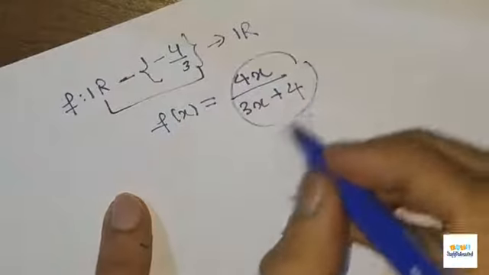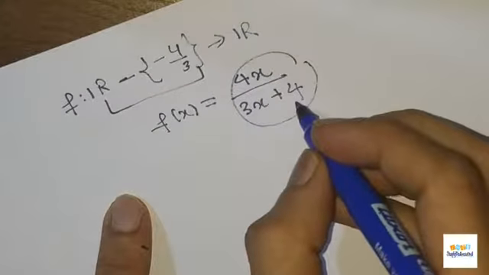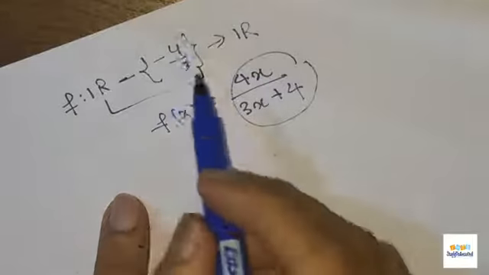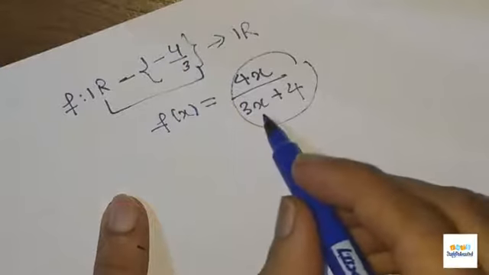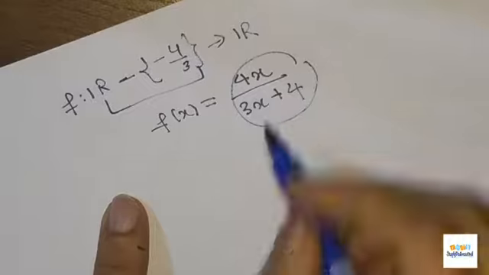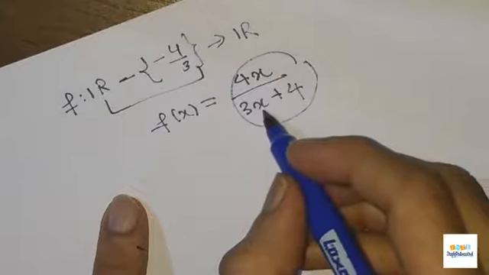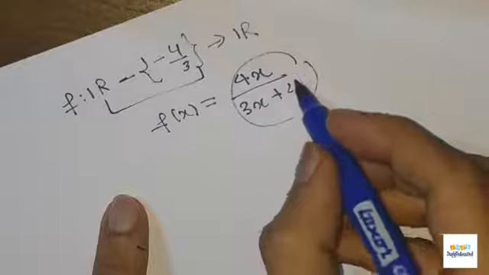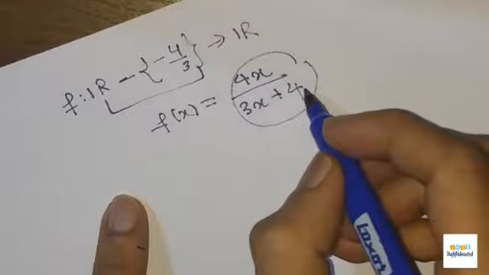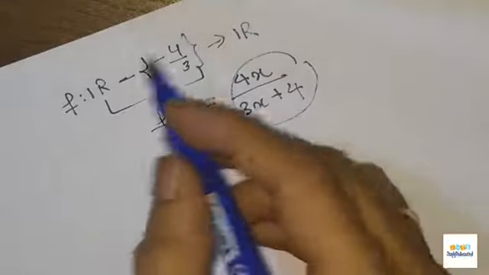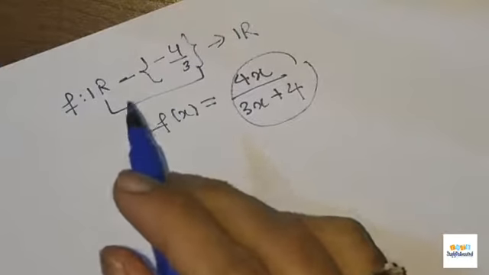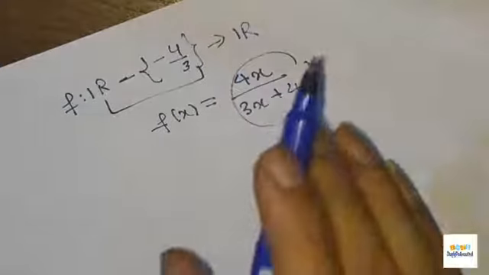You can see that this function is defined in this domain, because they are removing the number -4/3, which makes this function not defined. If you substitute -4/3 here, you will get -4 plus 4, which is 0 in the denominator, so the function will not be defined. So they have removed the value, and so this function is well defined.